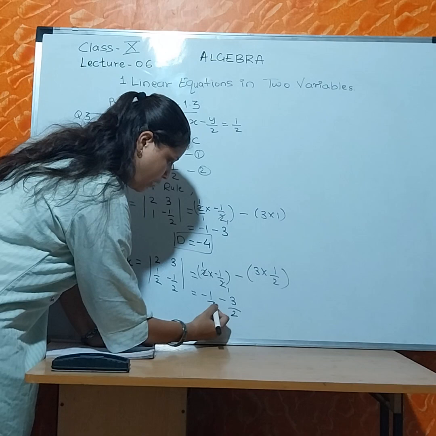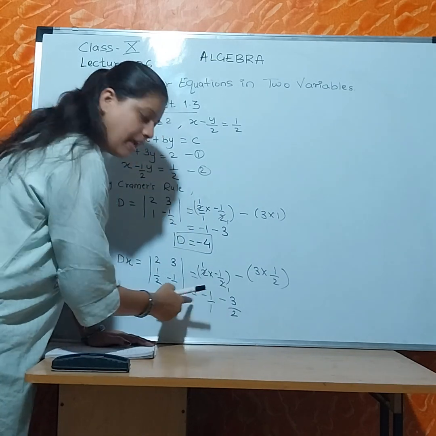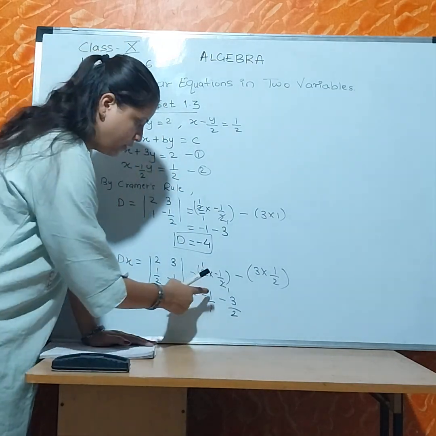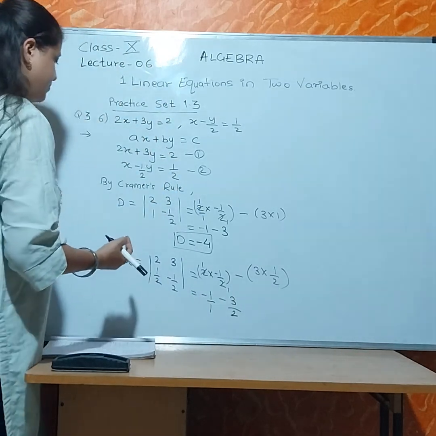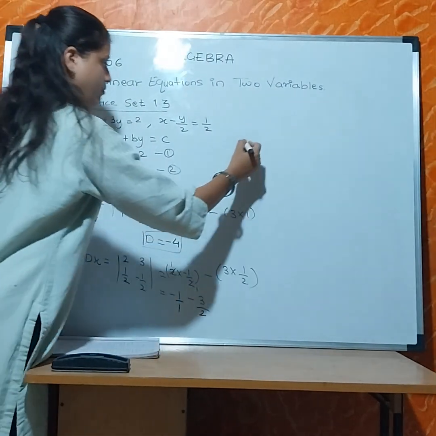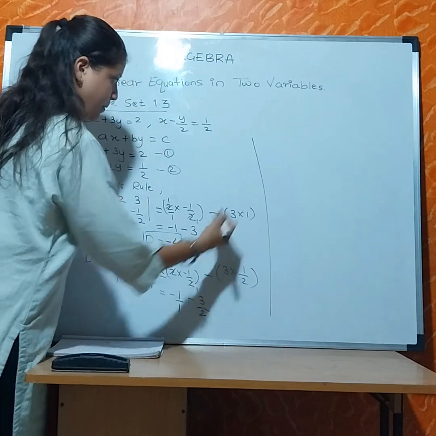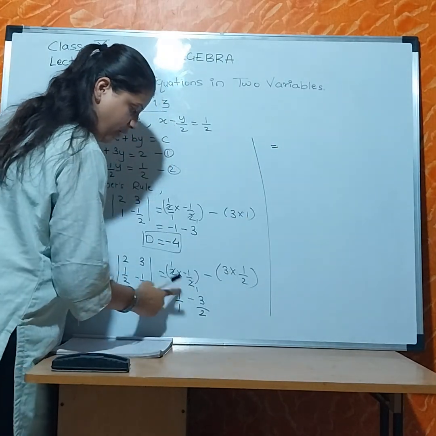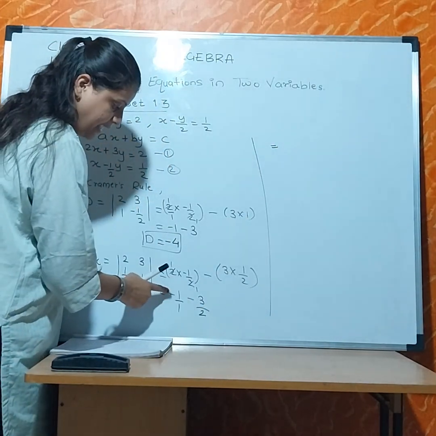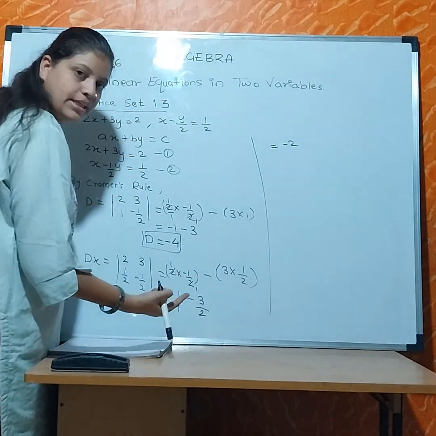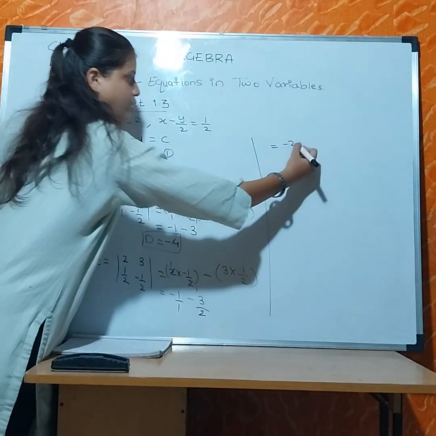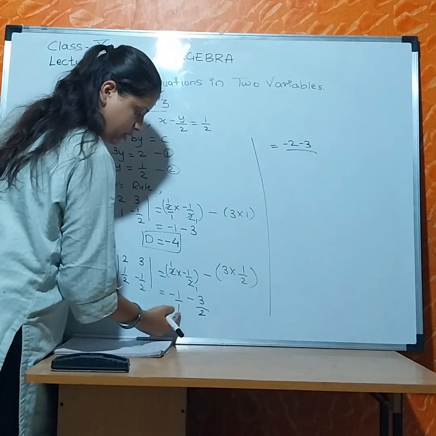Here we do cross multiplication. Minus 1 into 2, 2, and minus 3 upon 1 into 2.